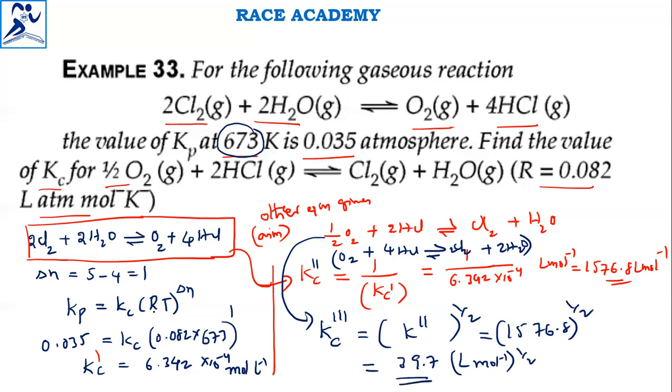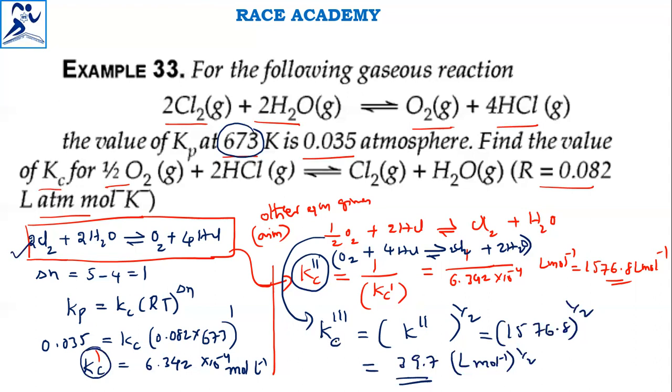So here what I have done is, first I have taken the given equation. I found the equilibrium constant value as Kc dash, and next I found the Kc double dash for the reverse reaction. After that, for the aim equation, I have taken the equilibrium constant value as the root of the Kc double dash value to get the final answer.